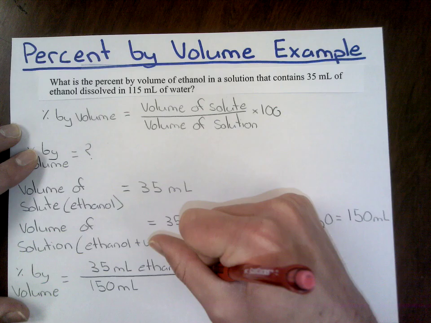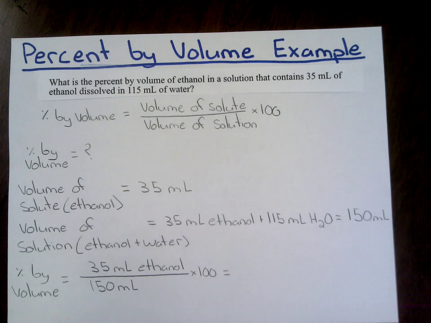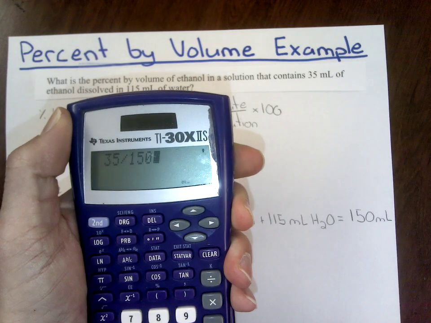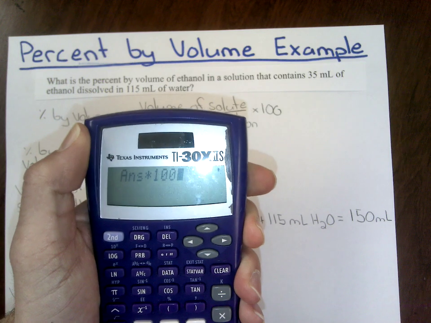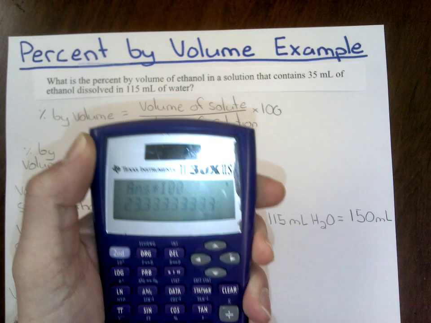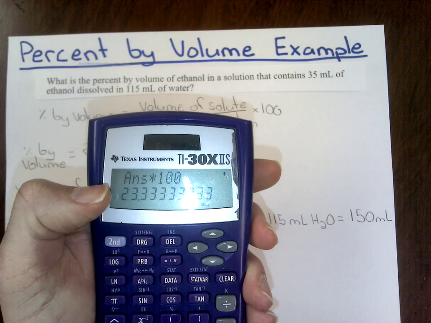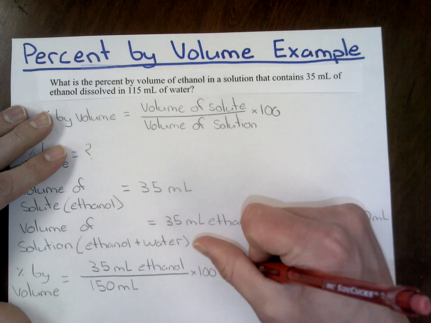Now, because this is a percent, we need to multiply that value by 100. So here's how I like to do it. I like to take 35 divided by 150. I press enter. Then I multiply by 100. I kept that value in there and just used the answer. And so my answer to 2 significant digits becomes 23% by volume of ethanol.